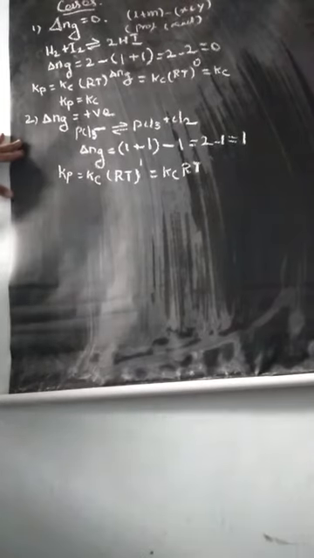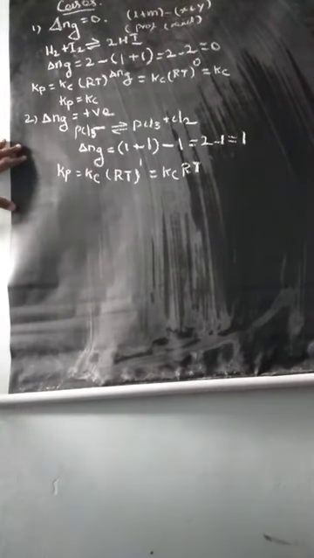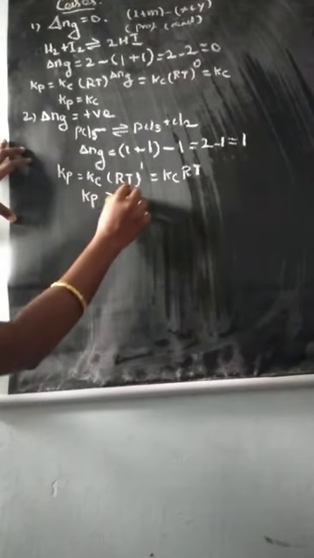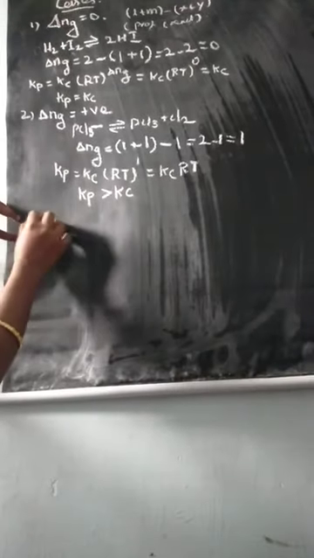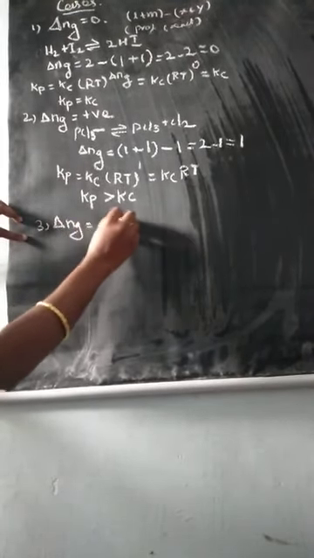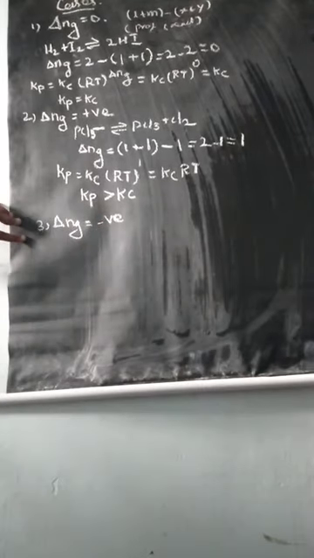So your answer, Kp is equal to Kc into RT. Understand? So Kp is equal to Kc into RT means you can write Kp is greater than Kc. Then one more condition, delta Ng value negative.